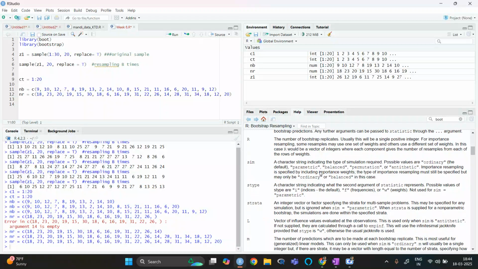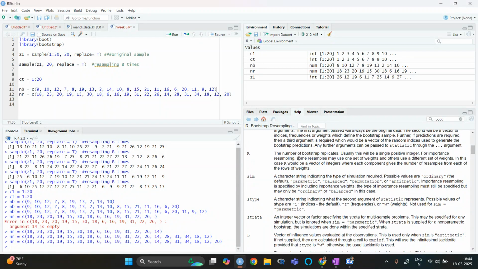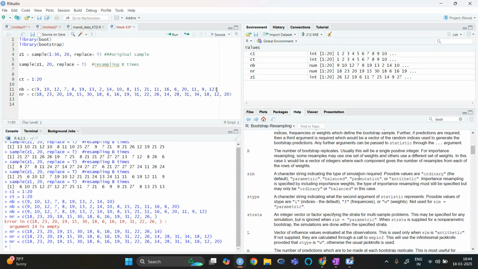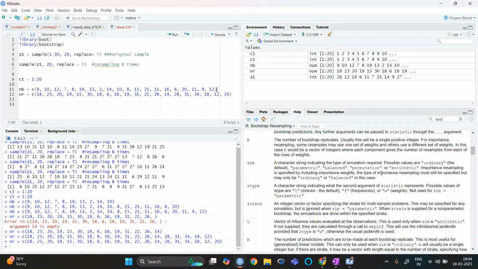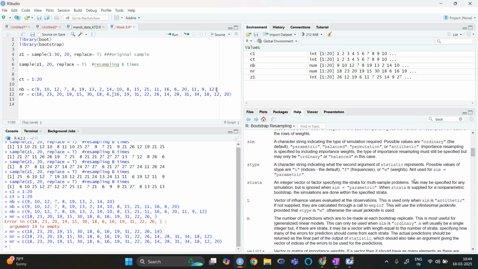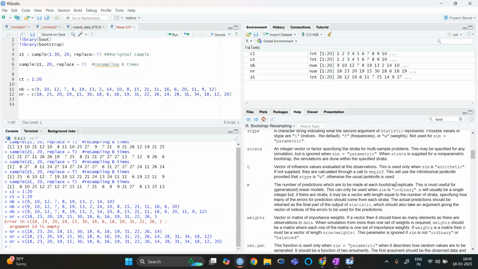So here are some things which are given. R is the number of bootstrap replicates. The simulation can be ordinary, parametric, balanced, permutation; there are a lot of types. And then what is the stype? I is indices by default, F is frequency, W is weights, and then strata.